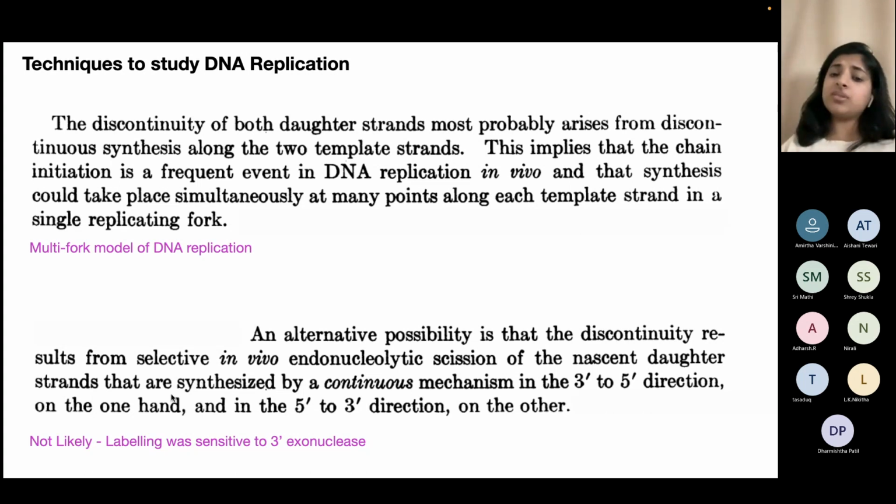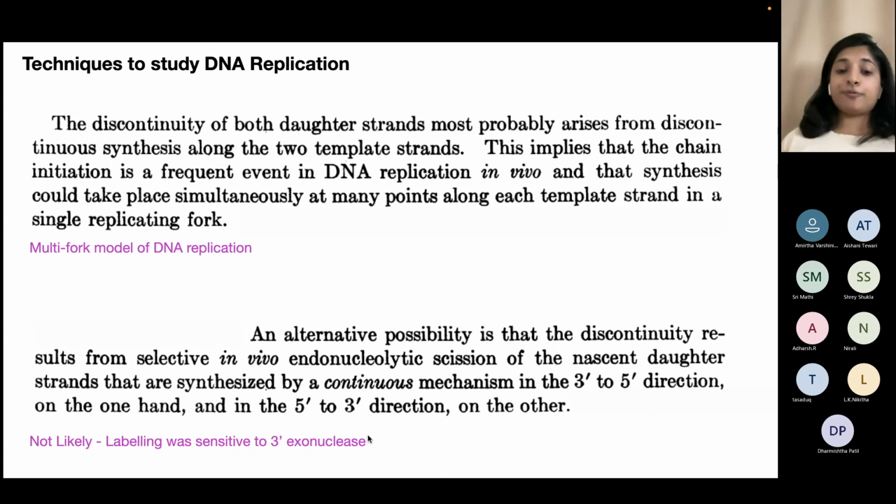There are many forks initiated at multiple points in the template, and there is discontinuity in both the daughter strands. There was another hypothesis: that this is because of endonucleolytic cleavage and not discontinuous synthesis, meaning that after synthesis, some enzyme chops up these fragments. But they realized this was not likely, because the labeling was sensitive to a 3' exonuclease.